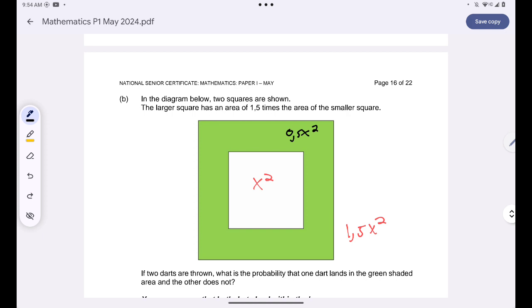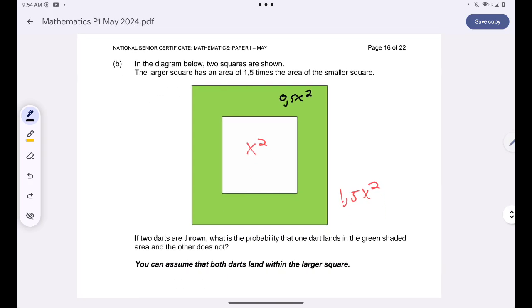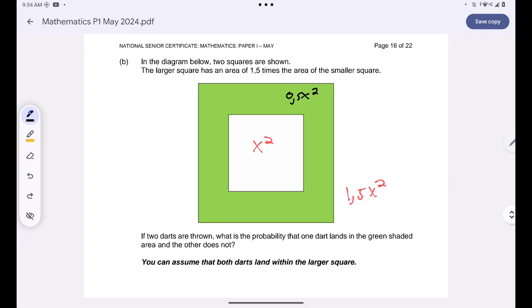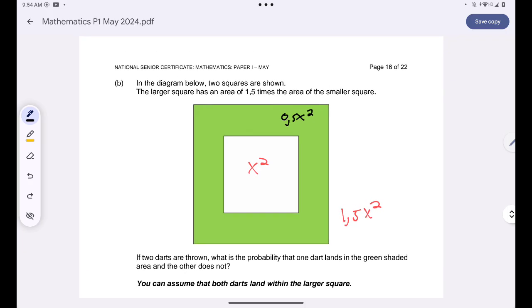Okay, if two darts are thrown, what is the probability that one dart will land in the green shaded area and the other does not? We are told that you can assume that both darts land within the large square.